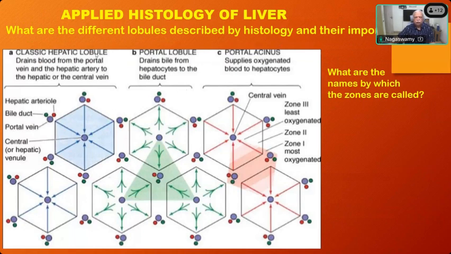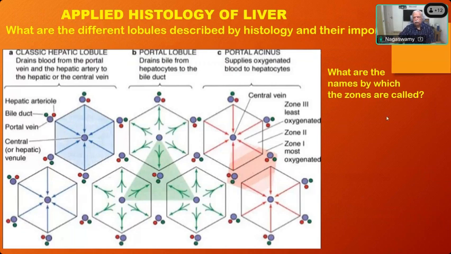So the classic hepatic lobule is about the main blood supply, how arterial blood comes in and venous drainage happens. The portal lobule is for the drainage of bile, and the portal acinus is for the enzymatic activity and the activities of the hepatocytes, to describe the availability of oxygen to the various groups of cells.